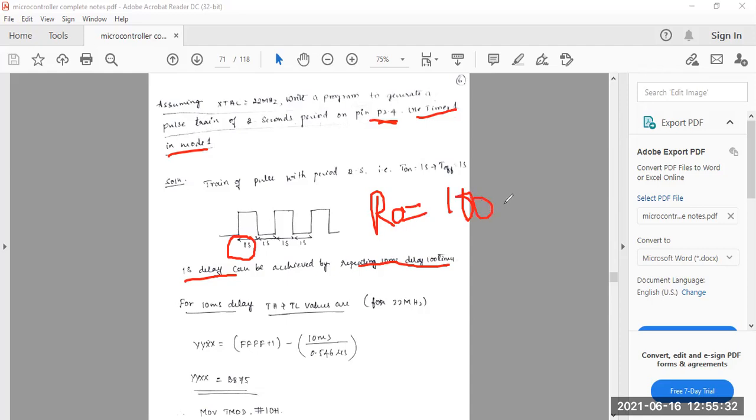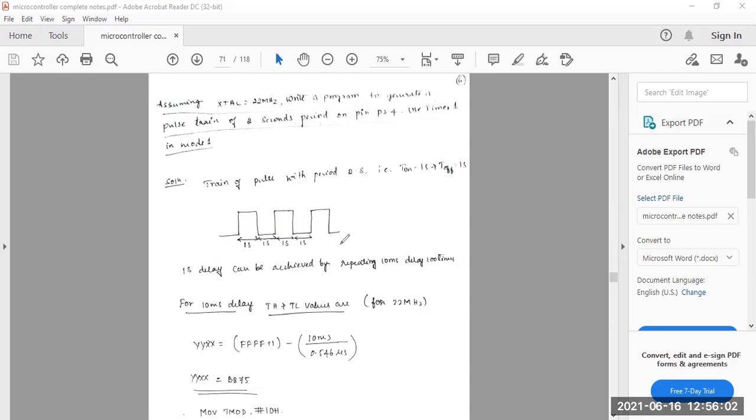You can load 100 directly as a decimal value, or convert 100 into hexadecimal and load that value. Then calculate the YYXX value for 10 millisecond, and repeat the same delay program 100 times by taking R0 or any general purpose register as the count.